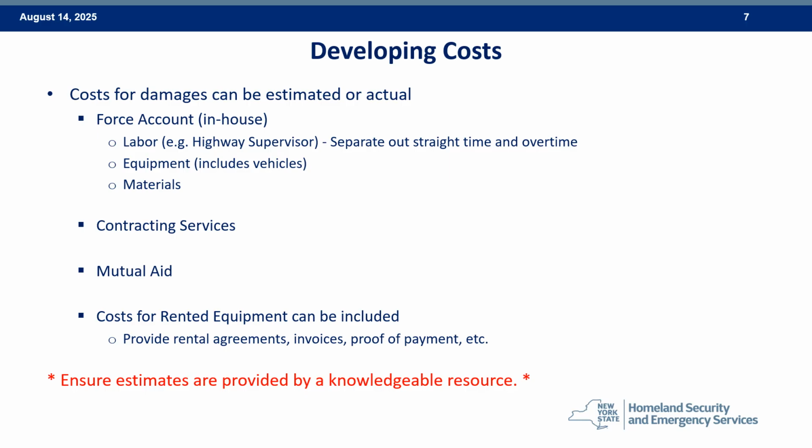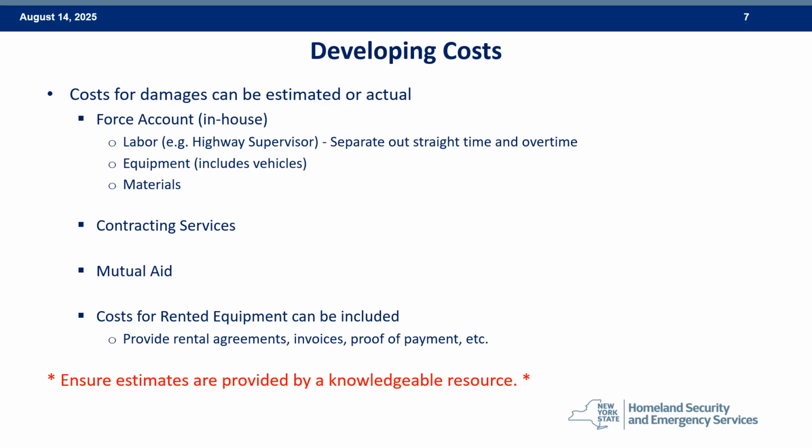Work done by a mutual aid entity is generally eligible for emergency work or emergency utility restoration under either Category B or F. In your damage assessment, include cost to transport the mutual aid entity's equipment and personnel to the incident area, as well as straight time and overtime labor, including fringe benefits, for the mutual aid entity's personnel.